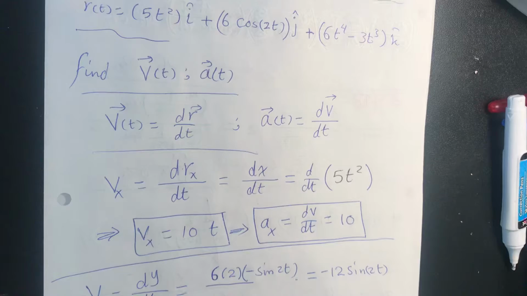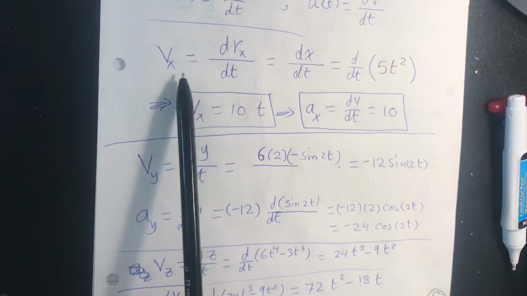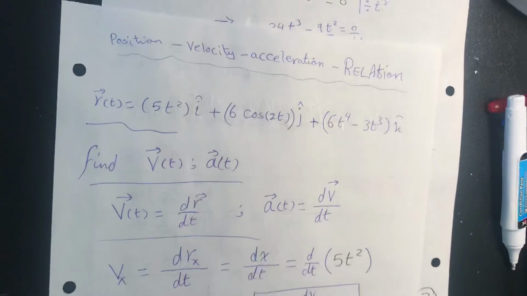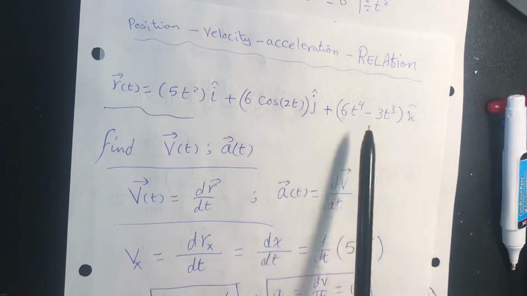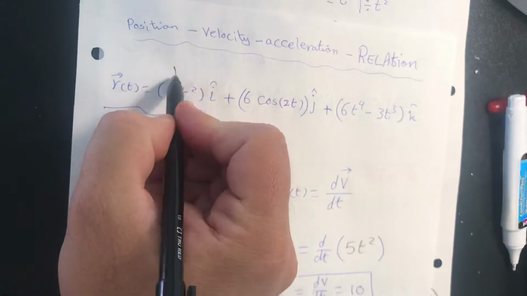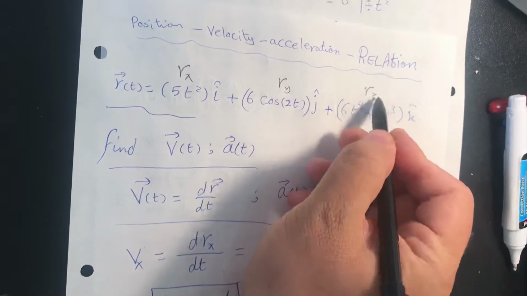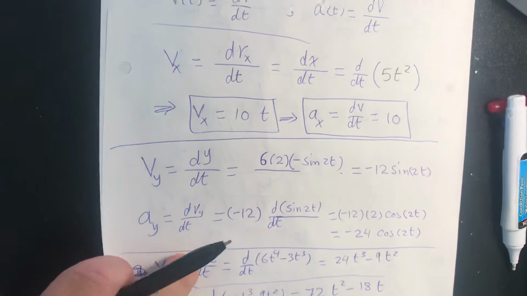Simply, if we need to find the velocity vector, we need to differentiate the position vector. We have rx or x, and y and z, or also we can name them rx, ry, rz, or xyz as functions of t.